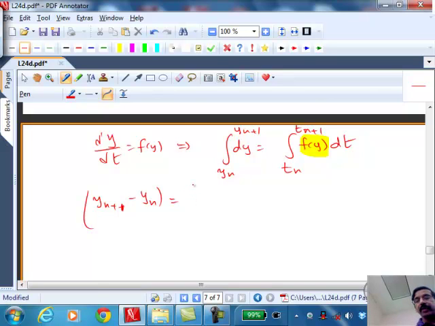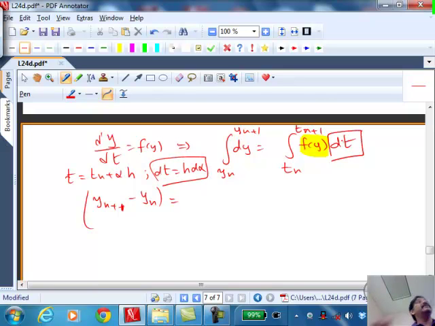Of course I need to do this transformation: t is equal to tn plus alpha h, and hence dt is equal to h times d alpha. I need to replace the integration limits also. So when t equals tn, alpha equals 0. When t equals tn plus 1, alpha equals 1.